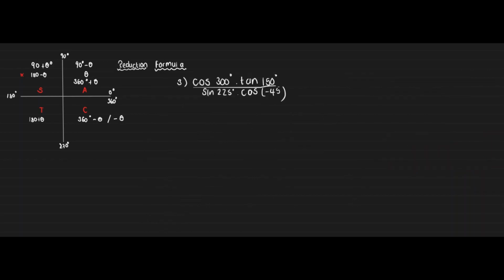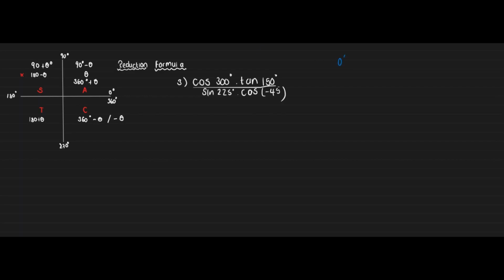So now let's do this question where they say simplify without the use of a calculator, right? So what you're going to have to do is simplify each trig ratio into a special angle. Let me write down the special angles.